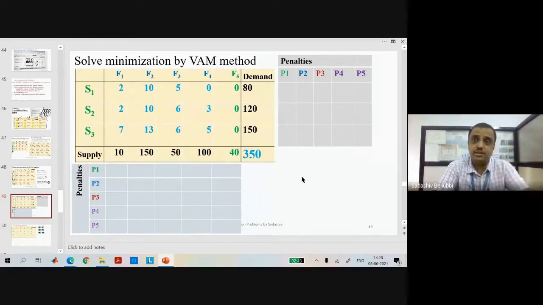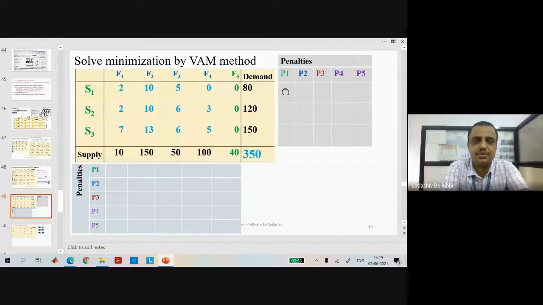For that, we need to write the penalties for each column and each row. For the first row, we need to identify the penalty. How to write the penalty? A penalty is the difference of the two minimum numbers. In the first row, there are two zeros, so the penalty will be 0.